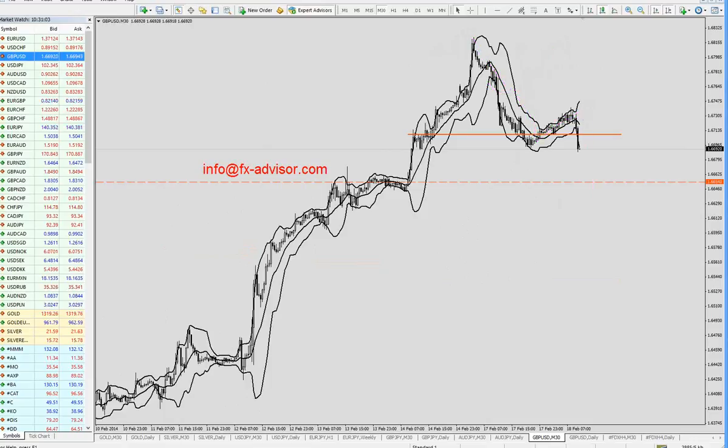Again, let's use the easiest measure in the world. Look, we have a support around here. From this measurement, most probably we have a chance to clean those stops here. During the first test, I don't know, because if the number is awful, then we are not going to touch it from the long side.